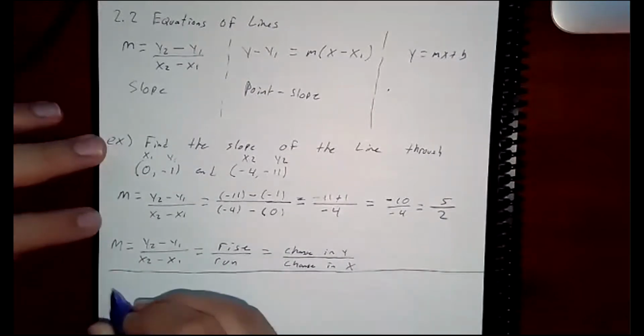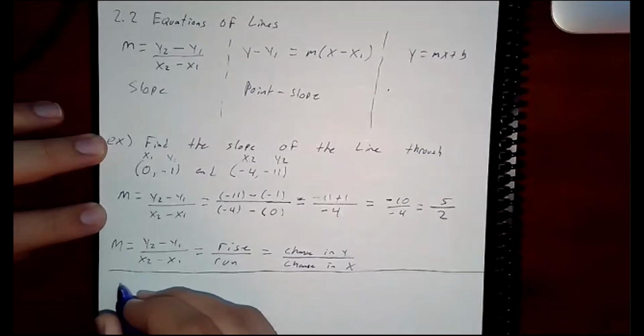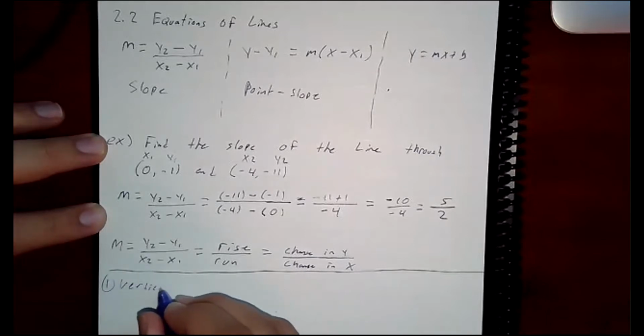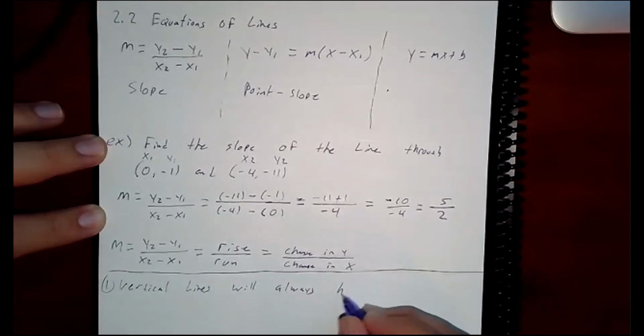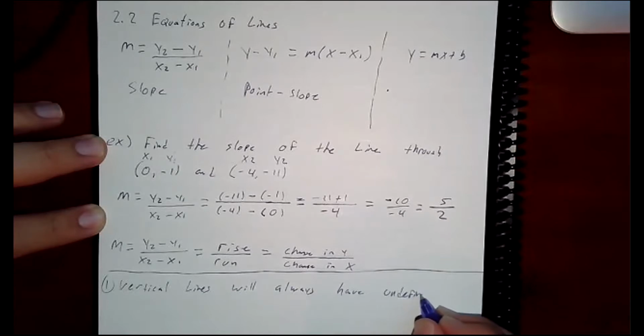So vertical lines never have a defined slope.